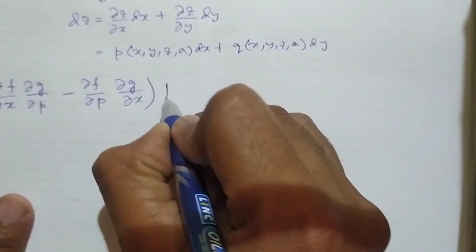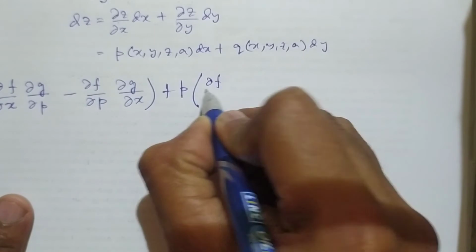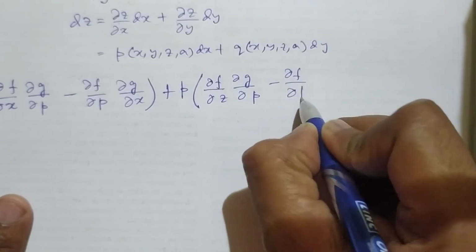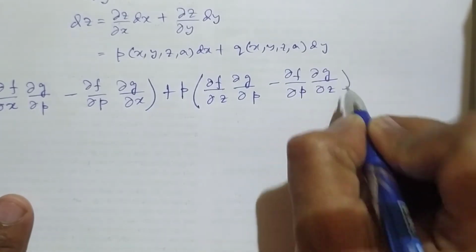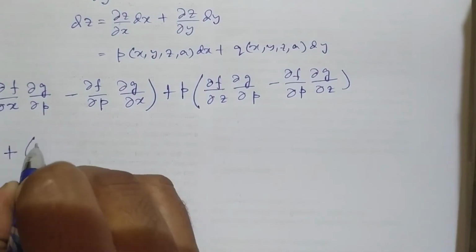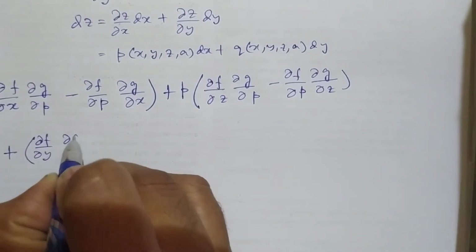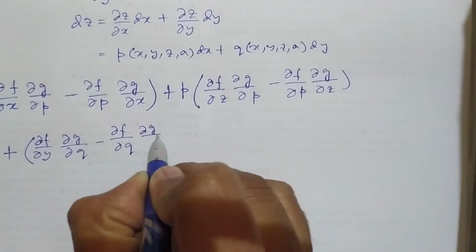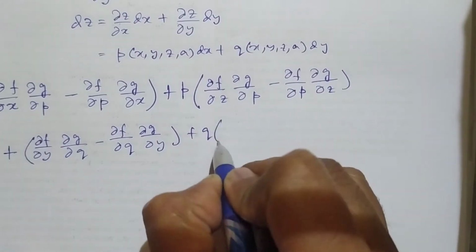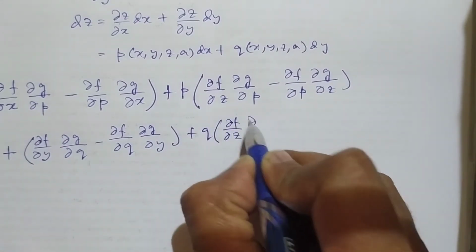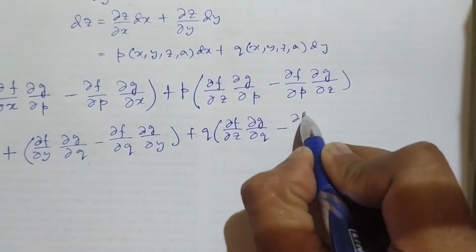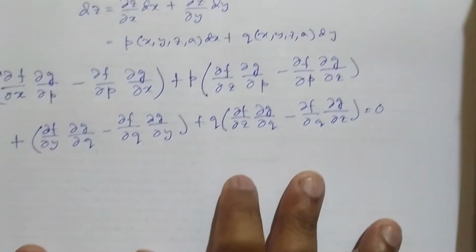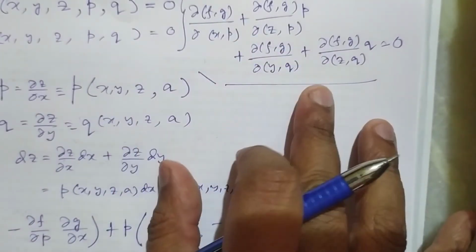Now the second one: p multiplied with del f del z del g del p minus del f del p del g del z, plus del f del y del g del q minus del f del q del g del y, plus q times del f del z del g del q minus del f del q del g del z, and that is equal to 0. This is the meaning of this summation of Jacobians being equal to 0.